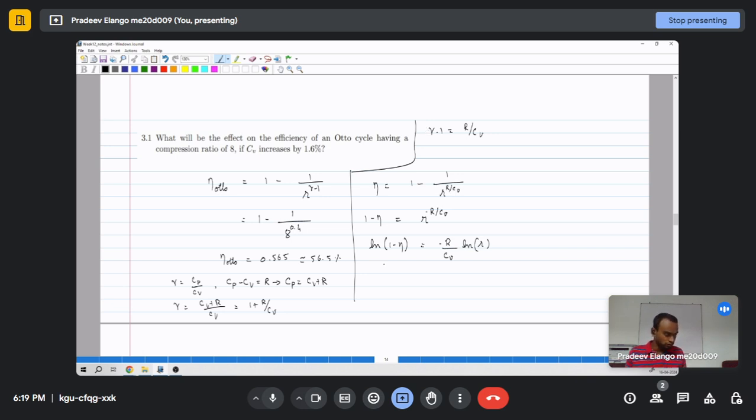Now we can differentiate this. We will have minus 1 by 1 minus eta d eta is equal to R by Cv square into ln of r.